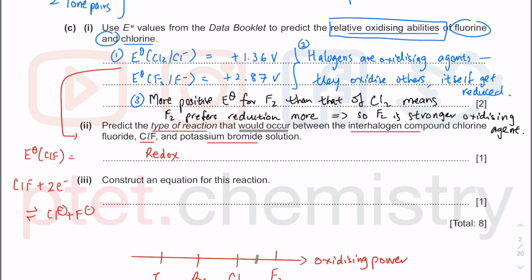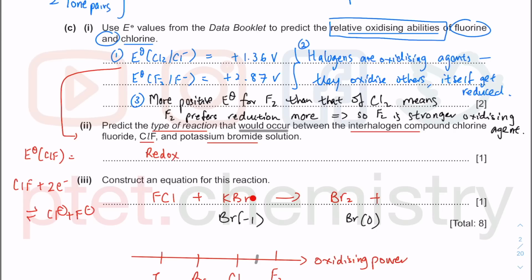Construct an equation for this reaction. So now they want an equation. FCl plus KBr. First of all, we know definitely they will go to Br2 as that gets oxidized. So bromine goes from minus 1 in bromide to 0 in bromine. I wonder what's going to happen to the FCl now.